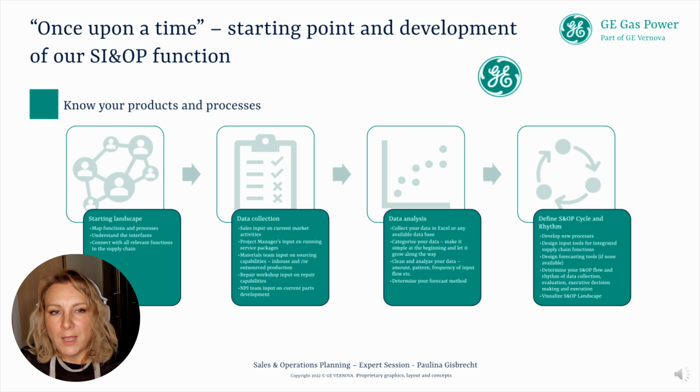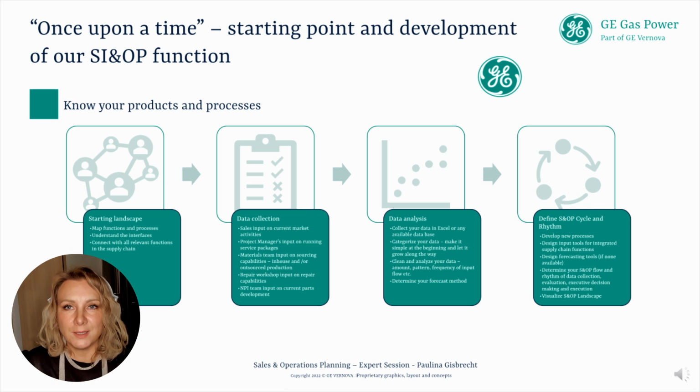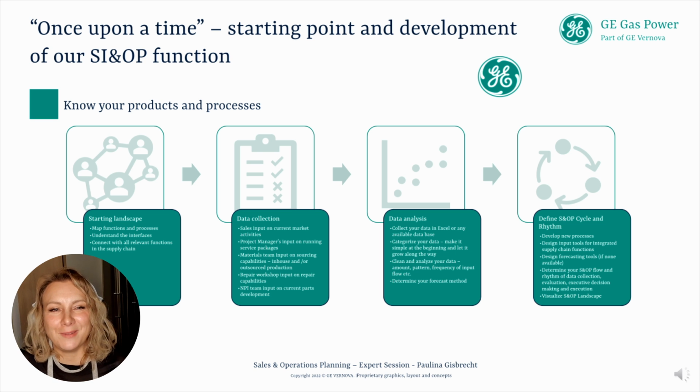So my goal was to find a match, to get the alignment between supply and demand, to get the functions to talk to each other, to understand what the data is, how to collect the data, how to process the data, and how to define an S&OP cycle and the rhythm, so we are transparent and on time and low cost and everything the company can wish.